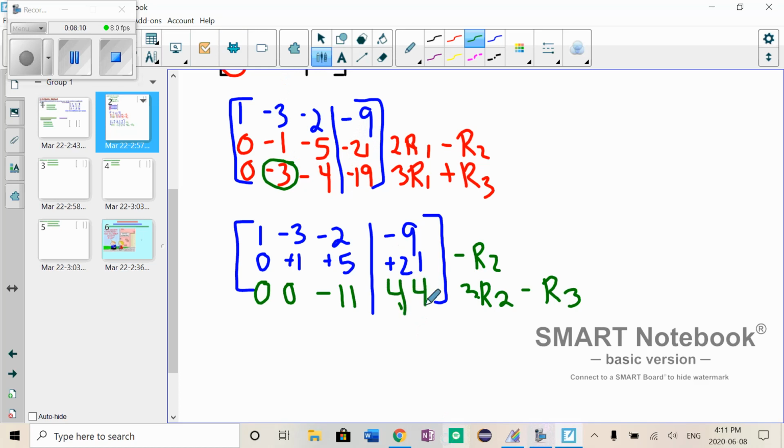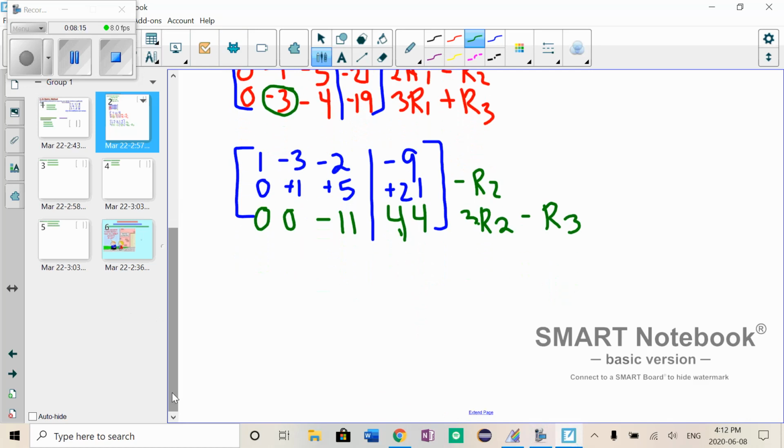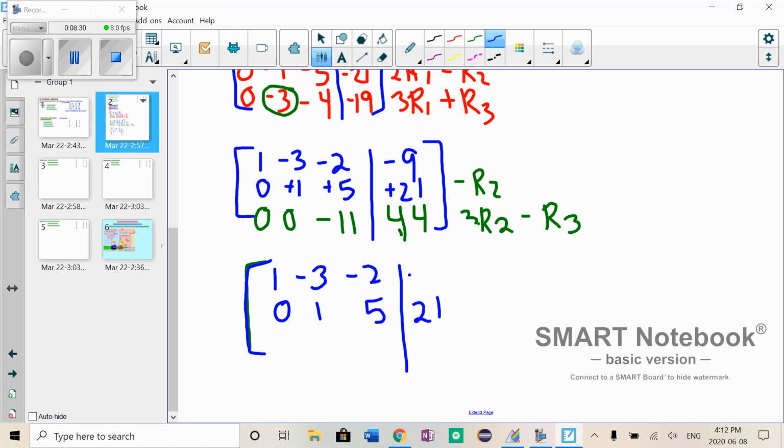Okay. At this point, you should see something really nice that I could do with the third row. So 1, negative 3, I'm not going to do a lot here. 0, 1, 5, 21.